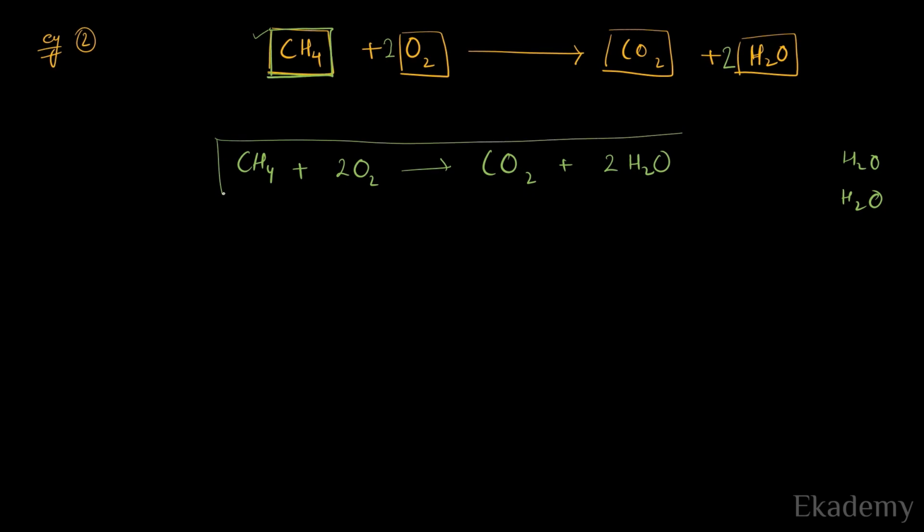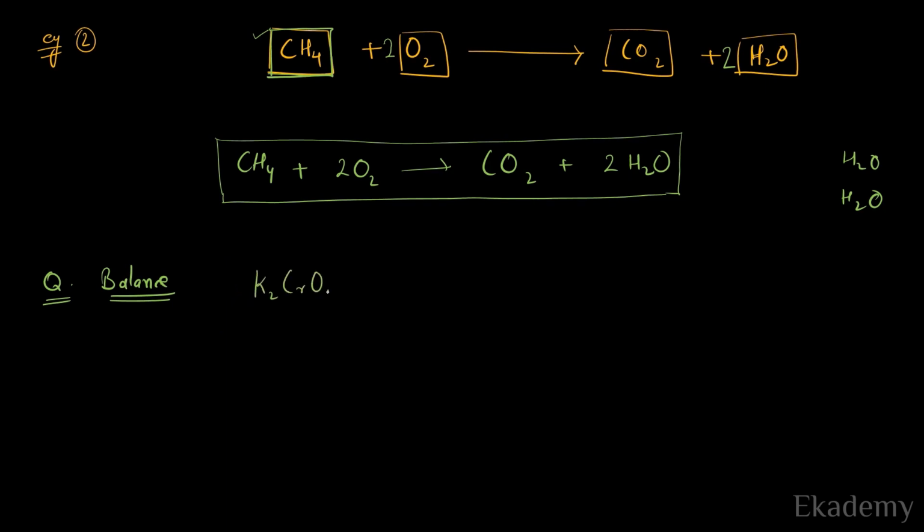Now using this logic, you try balancing. So this is for you, some questions. Balancing question, balance K2CrO4, this is potassium chromate, with barium nitrate, Ba(NO3)2.